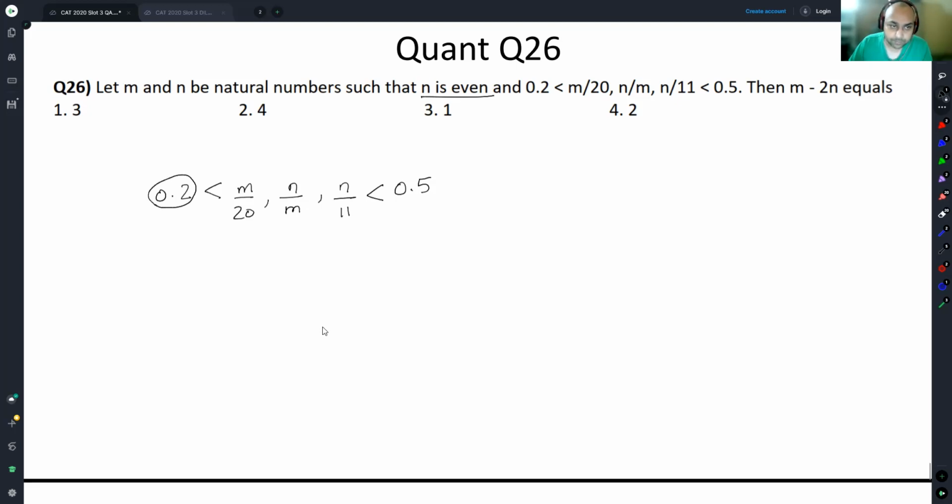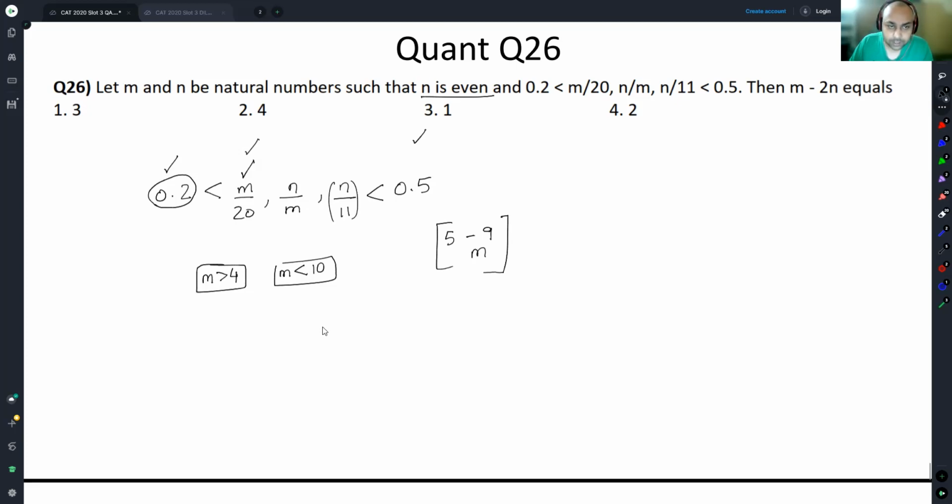So m has to be greater than 4. This limit is identified, and m has to be less than 10. I'm basically taking this and this, then this and this, and identified the range. M has to be any value from 5 to 9.